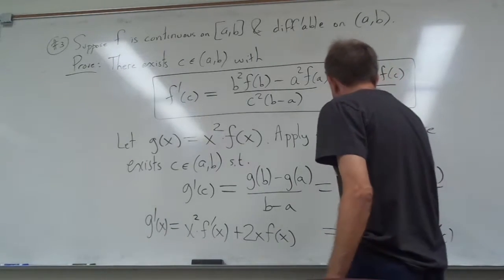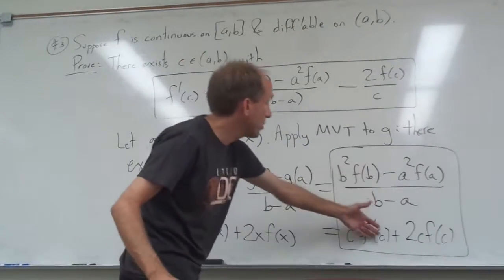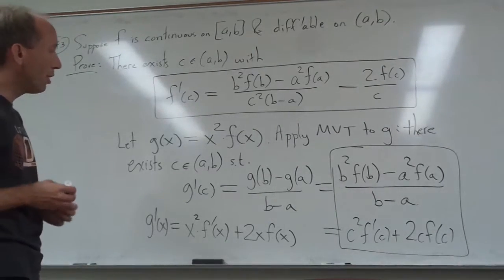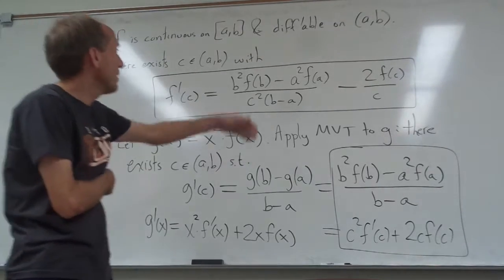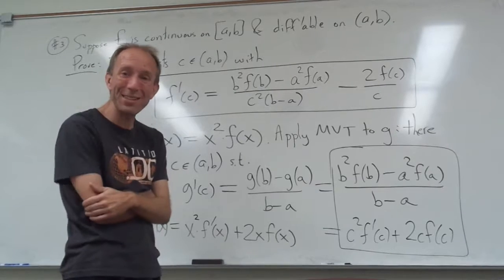Basically we're focusing on this now. These two things are equal. If you solve that for f prime of c, you're going to get exactly this. It's actually pretty simple. That's all there is to the problem.